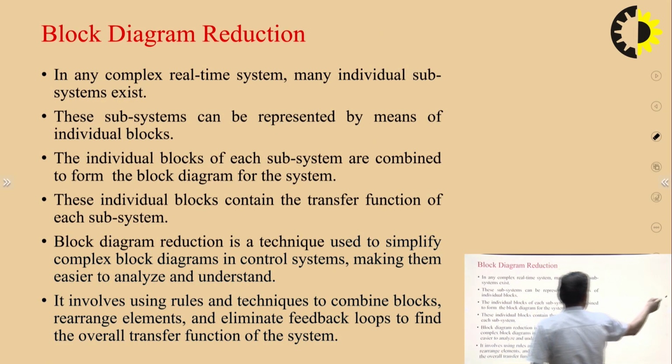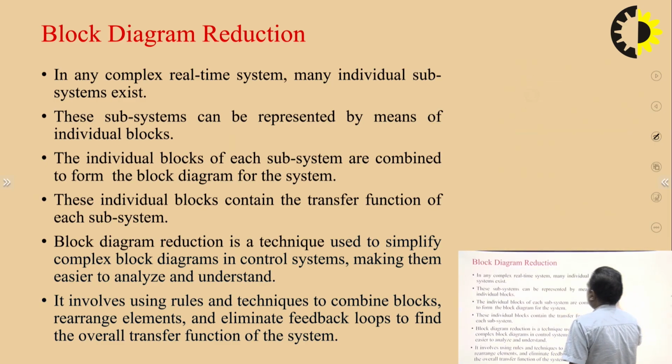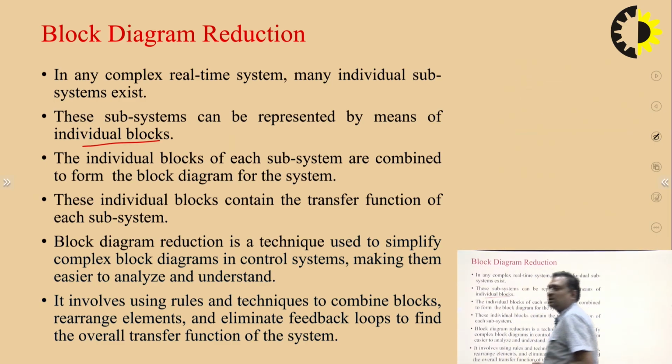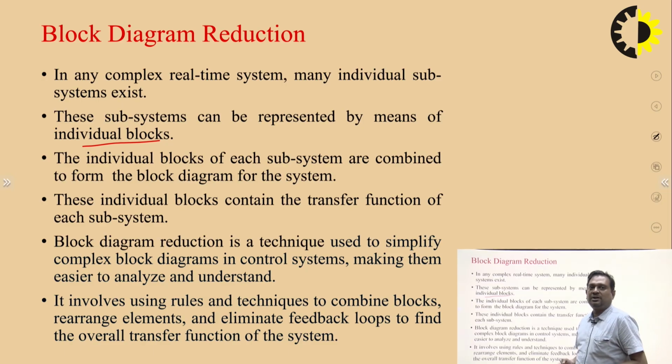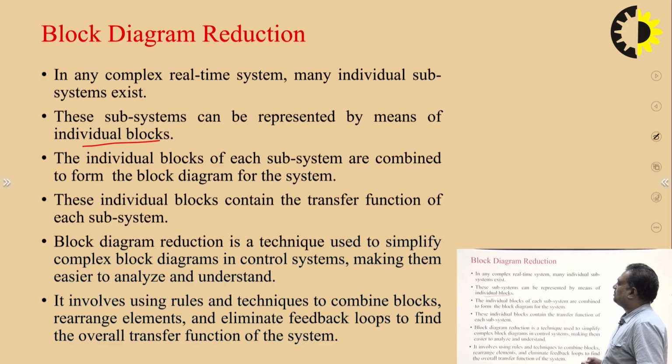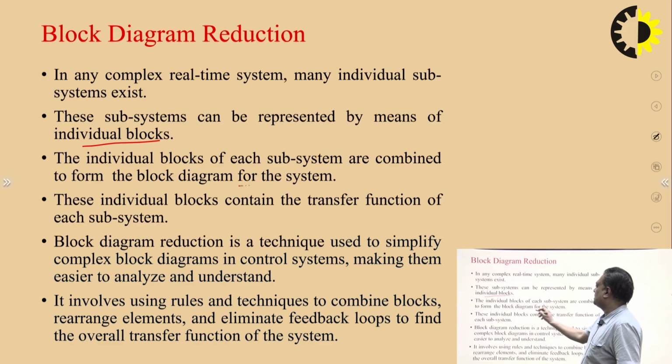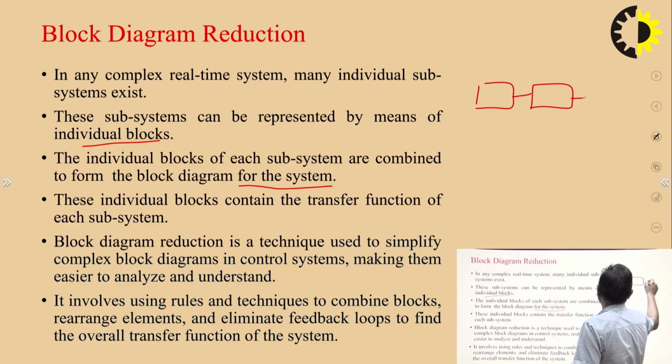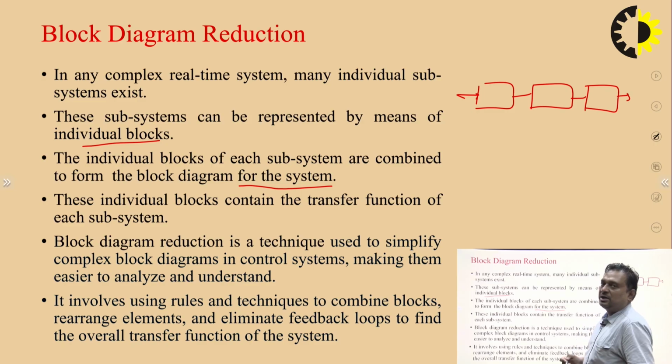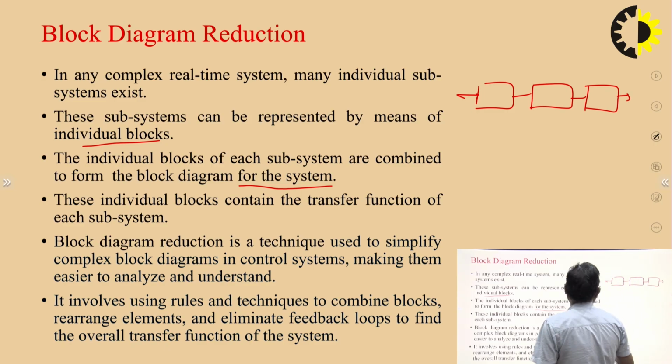Each and every block has a transfer function. The individual blocks of each subsystem are combined to form the block diagram for the system. As I have already said, the block diagram is formed when we arrange the various blocks of a system, wherein each block represents a subsystem having some transfer function value.